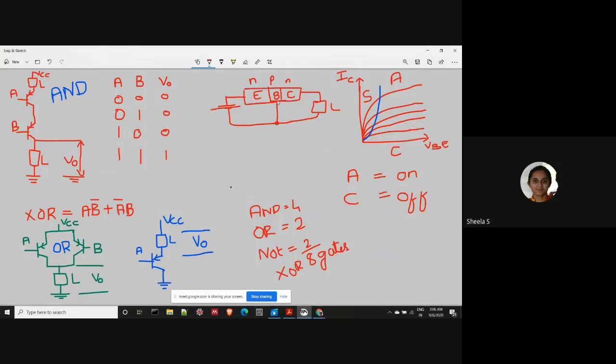So when the base emitter junction is forward biased, the electrons present in the emitter will move to the base, and similarly holes present in the base will move to the emitter.